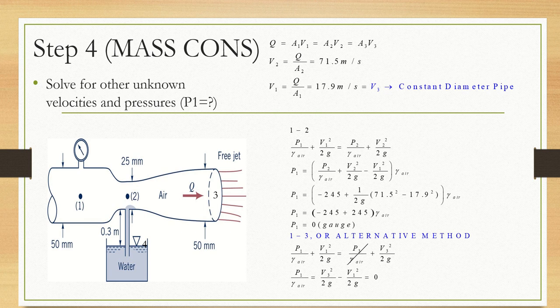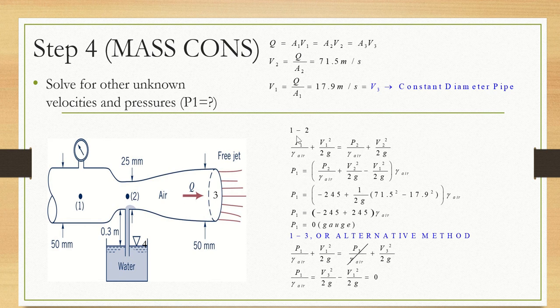So I always want to look at the points first and identify which point I know more information about. In this scenario, in deciding if I should go with point 1 and point 2 or point 1 and point 3, I know the pressure and velocity at point 2, and I know the pressure and velocity at point 3. So either one I choose, I should get the same answer. So let's check it out.